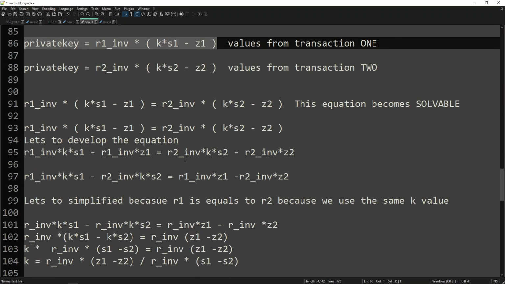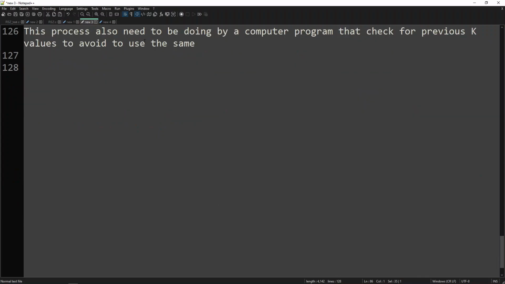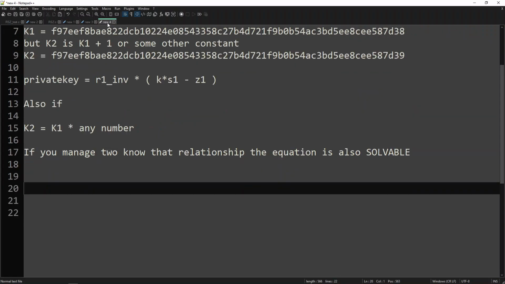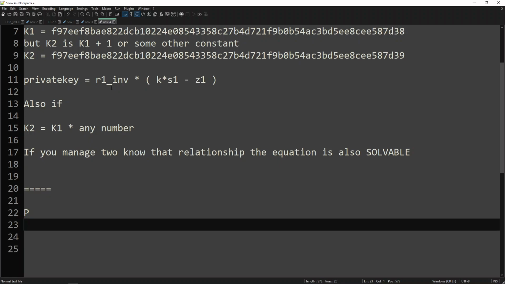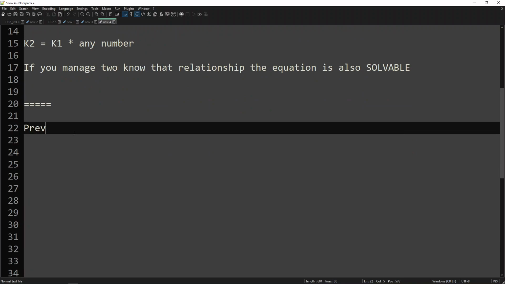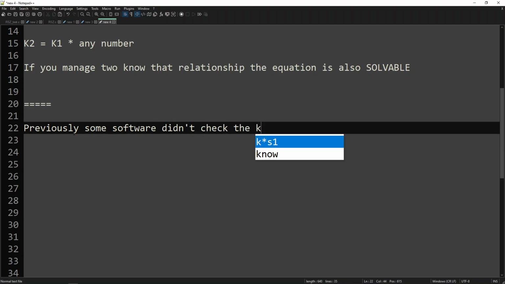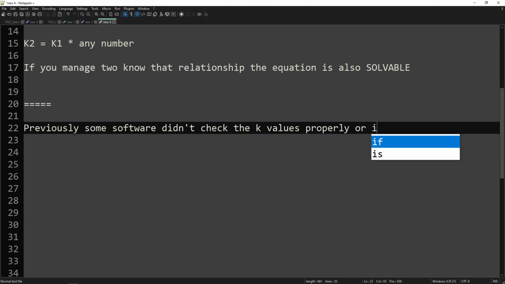So previously, let me write this. Previously, some software did not check the key values properly, or it did it on purpose.